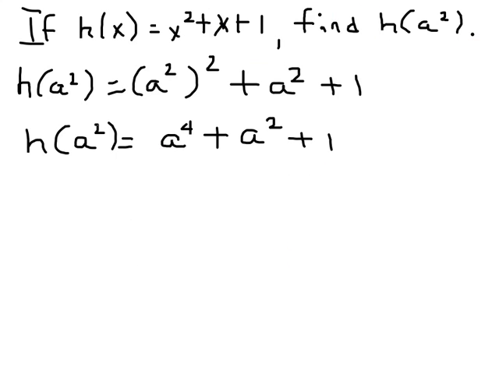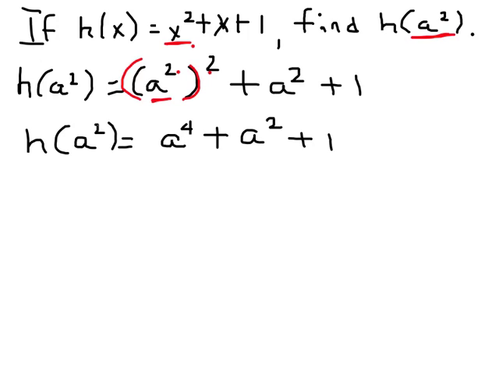Okay? This one says if h of x, same thing, you still read it the same way. If the function of x is x squared plus x plus 1, find the function of a squared. Now here we don't have a number to replace it with. We have a variable. We still do the same thing though. Instead of x here, we're going to replace it with a squared. And remember, that's going to be squared also because we're using parentheses here.